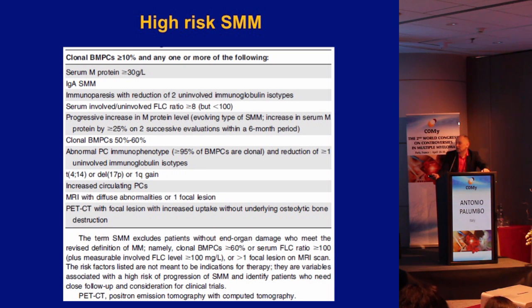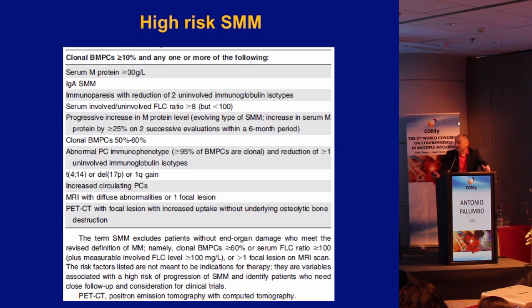Certainly, if you have the technology, the presence of abnormal plasma cells in the bone marrow, and the presence of the major alterations, t(4;14) and deletion 17. Circulating plasma cells become something more complicated, probably not so evident. And today we are looking at this, and the MRI with diffuse abnormality or only one focal lesion.